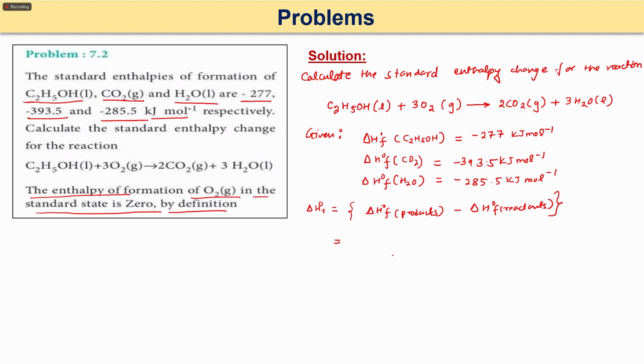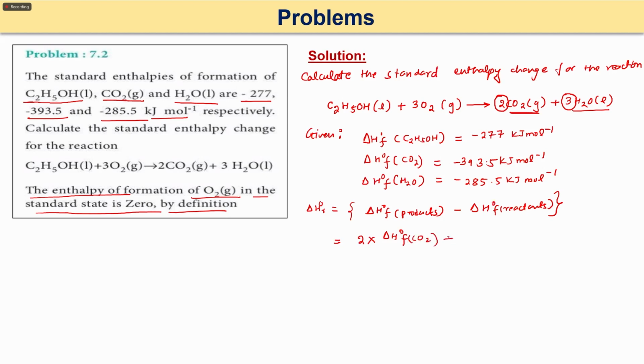So here, in products we have carbon dioxide and water. Remember that we also have to take the number of moles into consideration. So we will multiply the standard enthalpy of formation of CO2 with 2, that is, 2 times the standard enthalpy of formation of CO2.